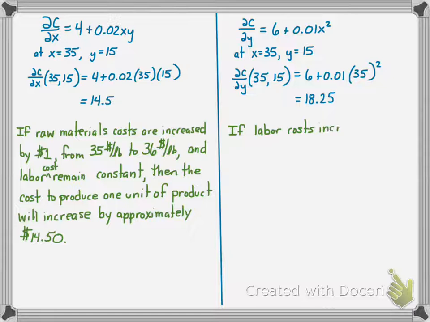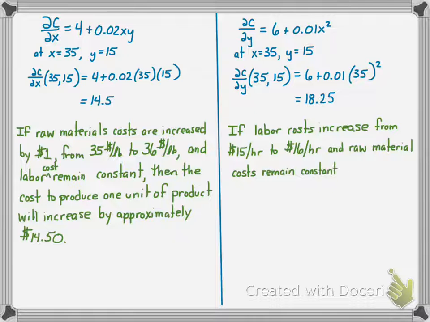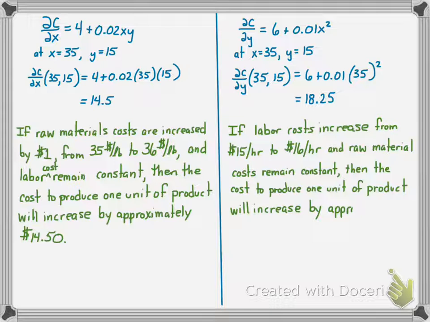So if labor costs increase from $15 per hour to $16 per hour, and raw material costs remain constant, then the cost to produce 1 unit of our company's product will increase by approximately $18.25.